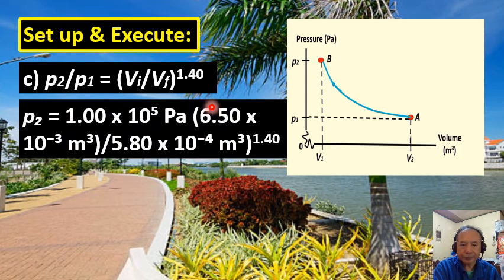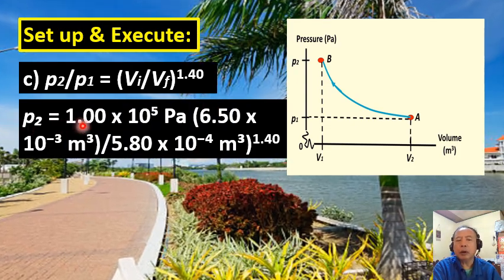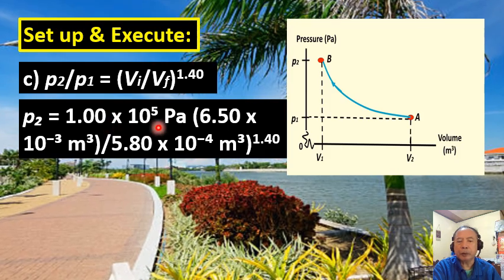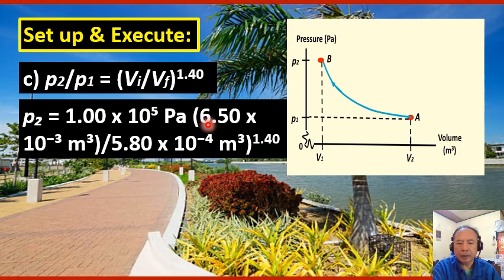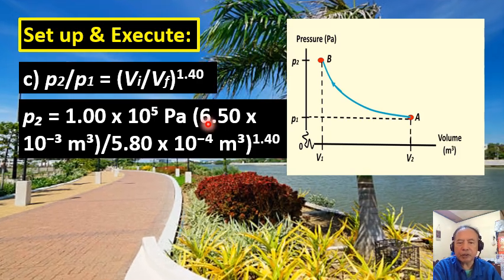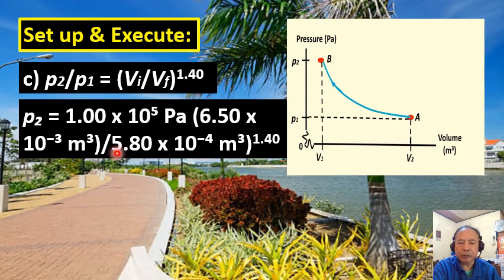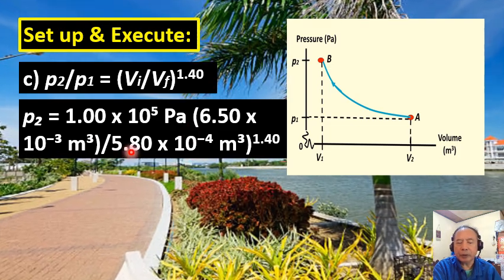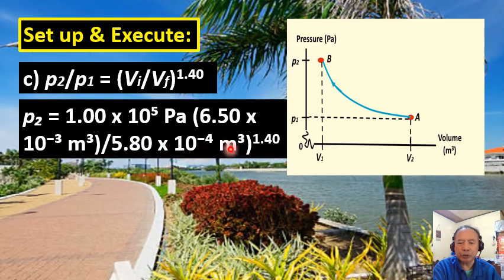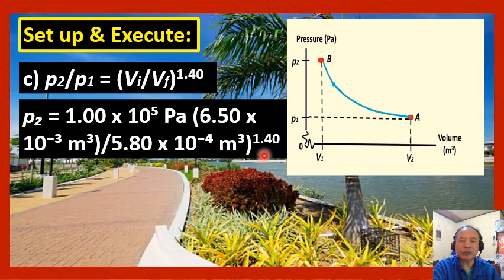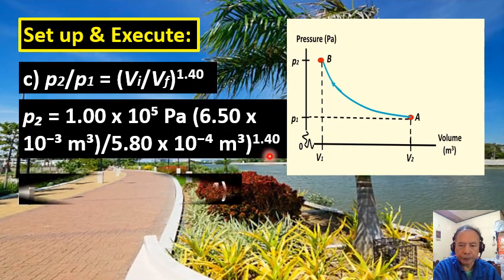That is, P sub 2 equals 1.00 × 10^5 Pascal multiplied by the ratio of V_i, or 6.50 × 10^-3 meter cube, over the value of V_f, 5.80 × 10^-4 meter cube. The ratio is raised to the power 1.40.